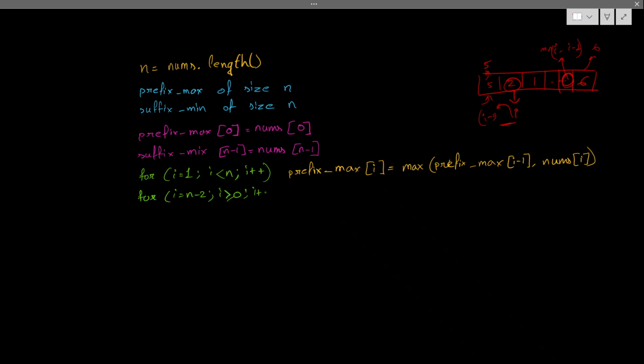Suffix min of I is nothing but the minimum of suffix min of I plus 1, the previous suffix min, and nums of I. This is my suffix min.